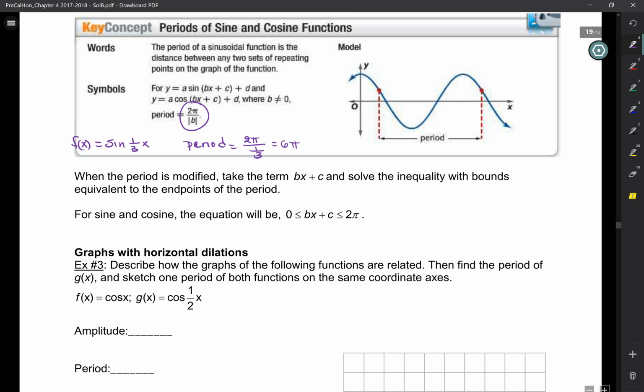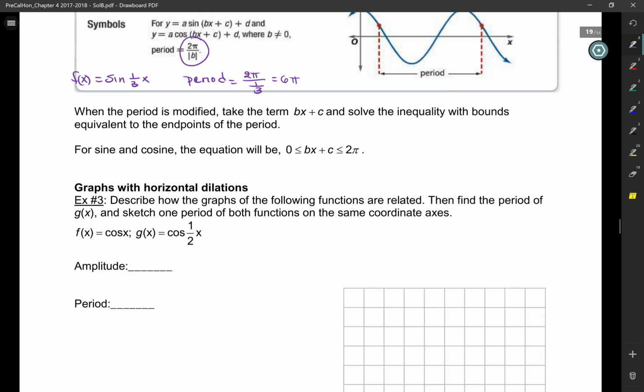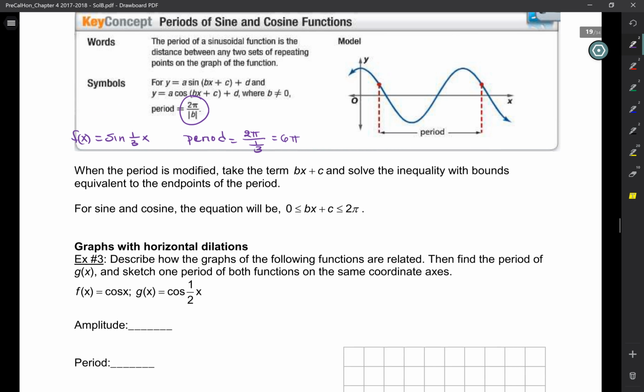So the period is 6 pi, meaning whereas a normal sine function would complete a cycle over 2 pi, for this one, you have to go a length of 6 pi to complete one cycle. So it's much, much slower. Slower means less energy for the wave. It means less harmful for you. That's a little bit of physics for you.